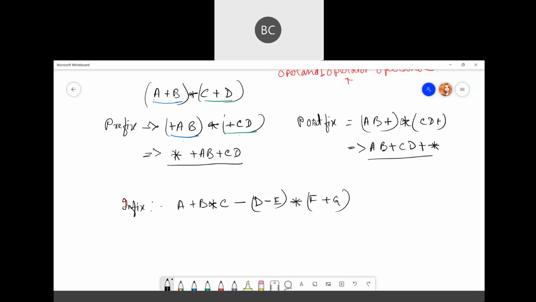Plus. Okay, this is the infix. You have to find the postfix and prefix.